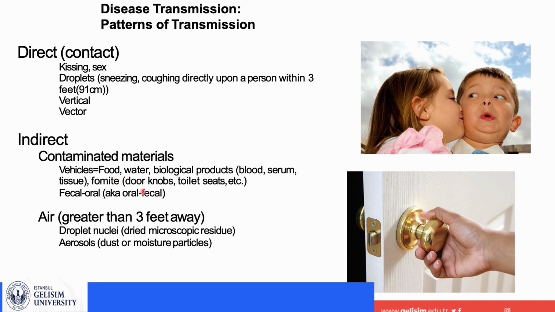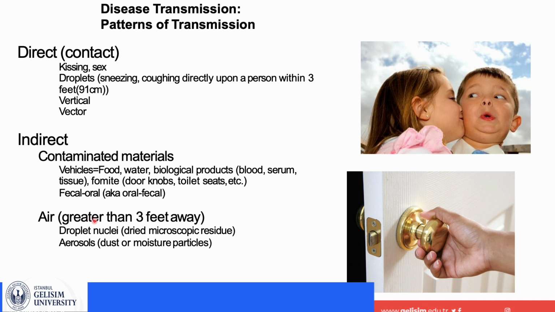Like a doorknob, you touch a doorknob, perhaps toilet seats, or it could be through the fecal-oral route. Someone goes to the toilet, they don't wash their hands very well after they defecate and clean themselves, and then they touch their mouth, for example. They can go from fecal to the mouth, fecal-oral route.